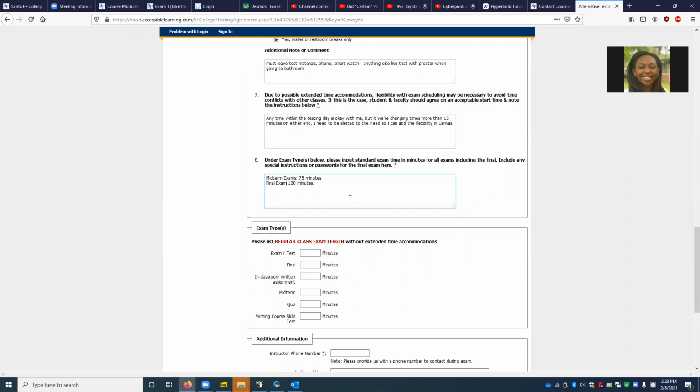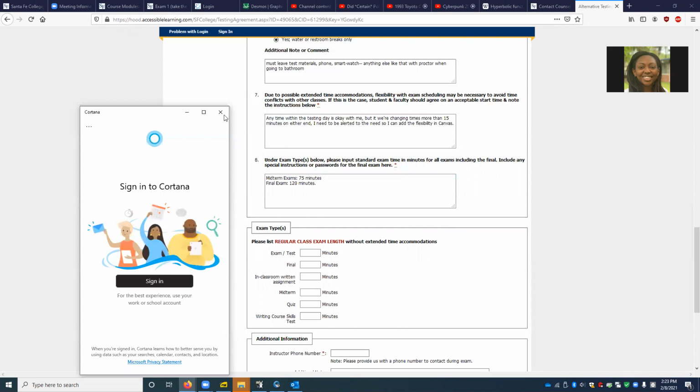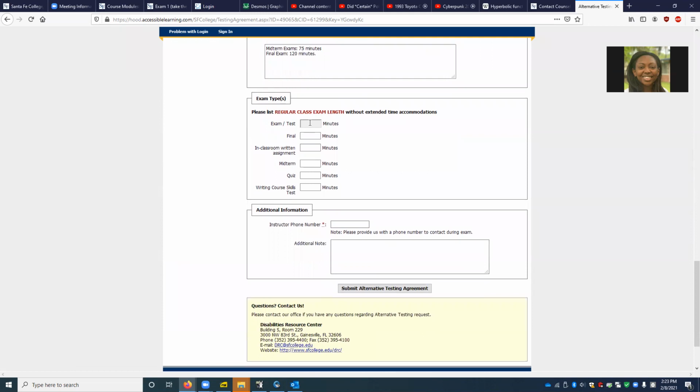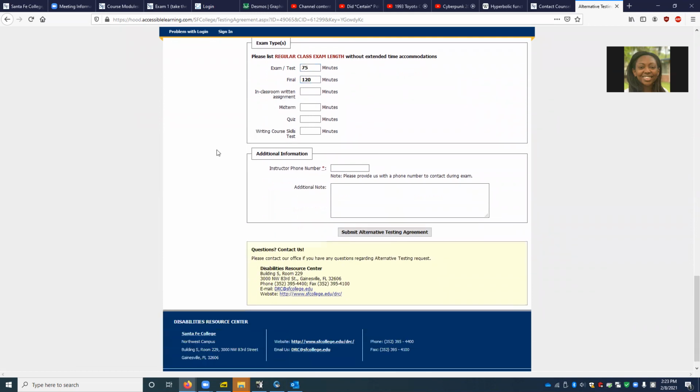Those are the standard times, and then they'll be adding your multiplier as appropriate. And then they want me to type these same things in here. That's all we're doing. My phone number, they can call me. And that is it. All right.